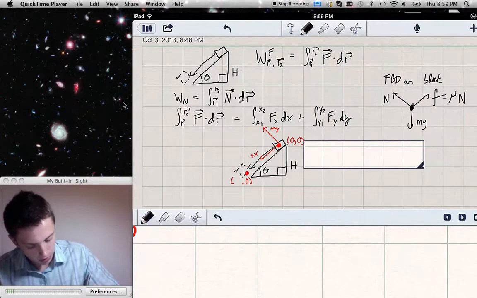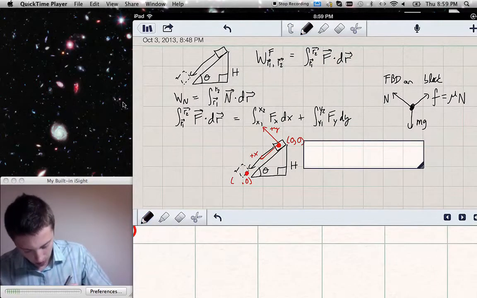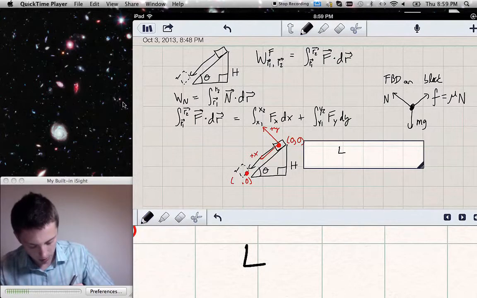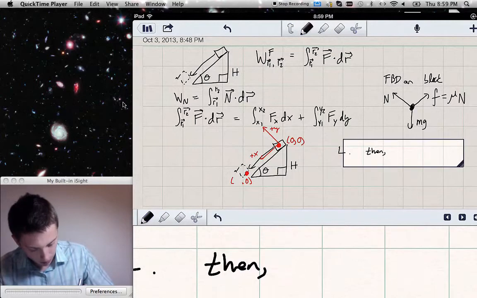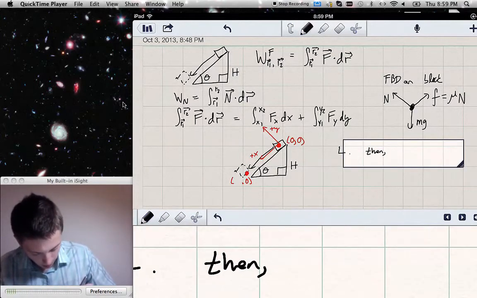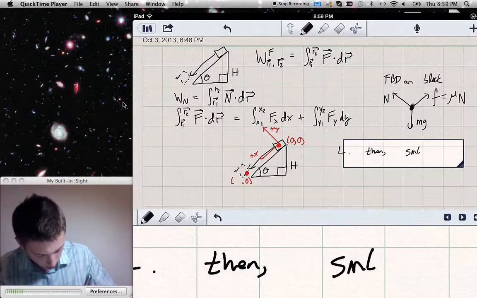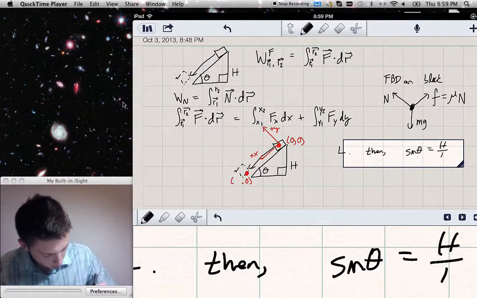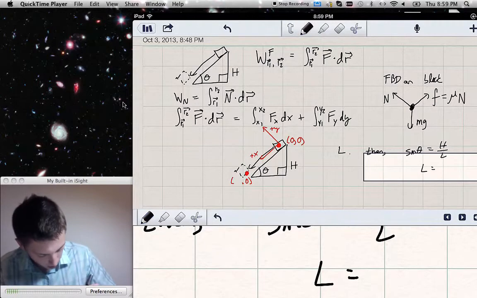So we can say the hypotenuse of the ramp is L. Then we have that sine of theta is h over L, so that L is equal to h over sine theta.